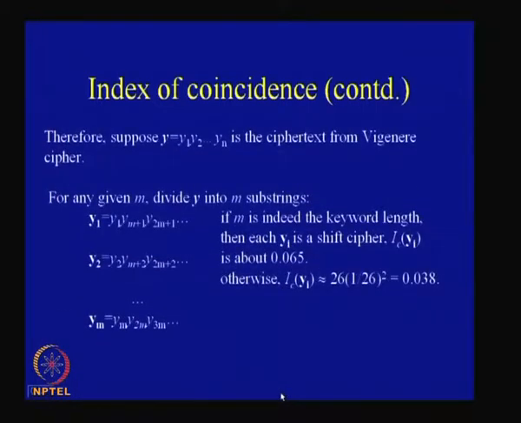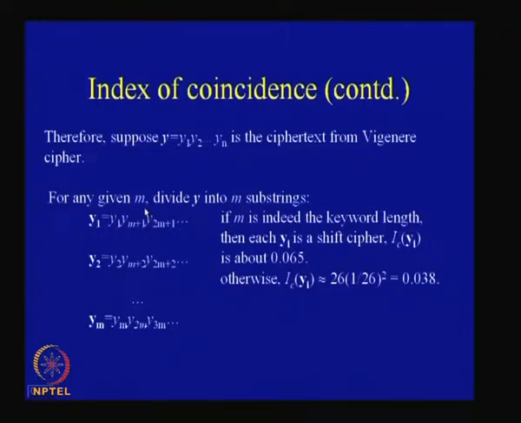So we continue with our index of coincidence. If you remember, in our Kasiski test we got a suggestion of m, right? So what we do is that, starting from 1 to m, we start arranging the entire letters like this. You have y1, y2 and so on till yn, which is the ciphertext obtained from the polyalphabetic Vigenere cipher.